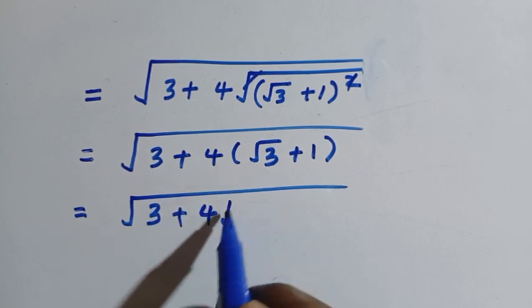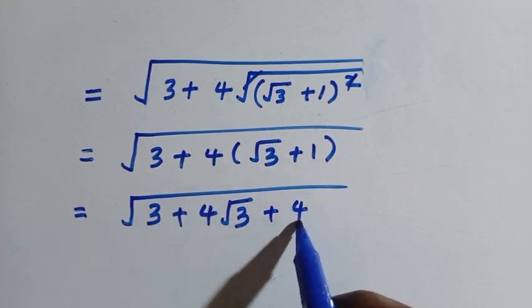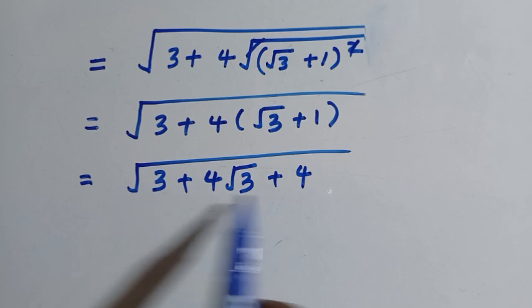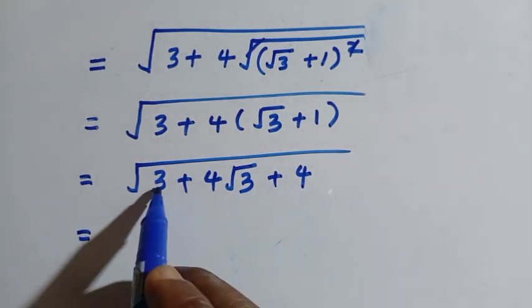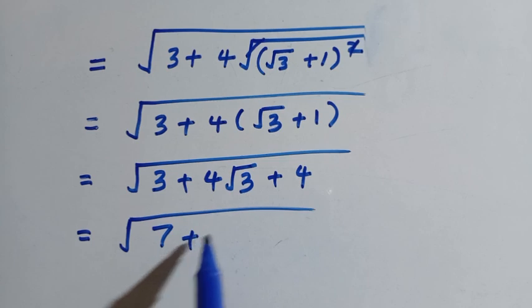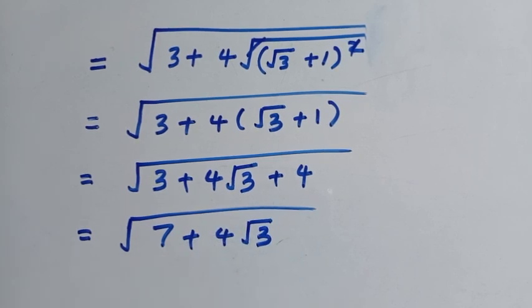That gives us 4 root 3 plus 4 times 1, that is 4. And again, we have 4 and 3 here. So 3 plus 4, we get 7 plus 4 square root of 3.